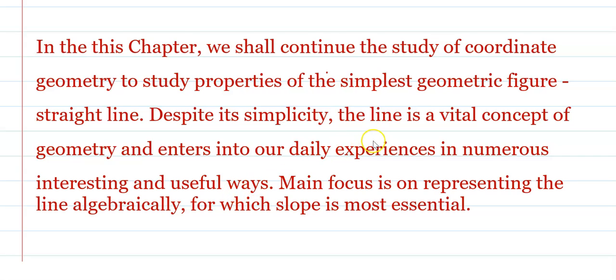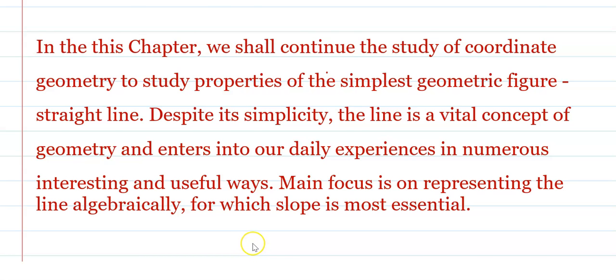It plays a vitally important role in geometry. The main focus is on representing the line algebraically, for which the slope is most essential. When you want to represent a line, the slope is very important.